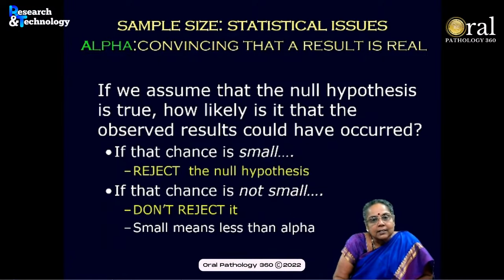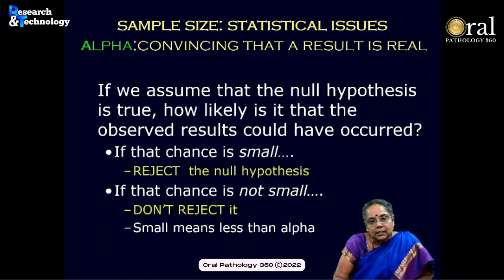So if your probability value is less than your statistical significance of 0.05, then you reject the null hypothesis. So in my example, I reject my null hypothesis that probiotics do not reduce the prevalence of oral candida and say that the probiotics do reduce the prevalence of oral candida.